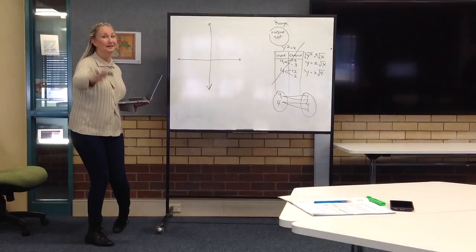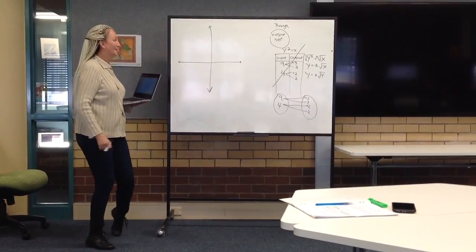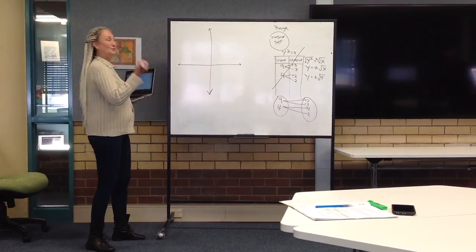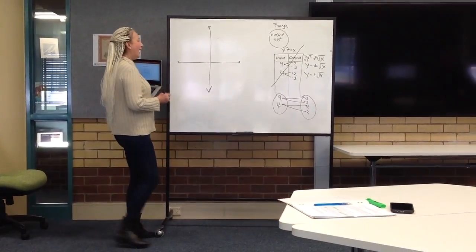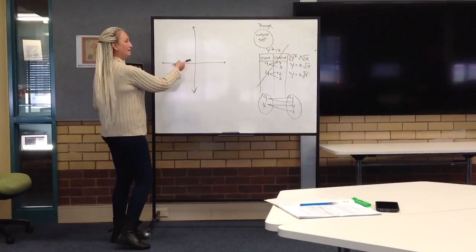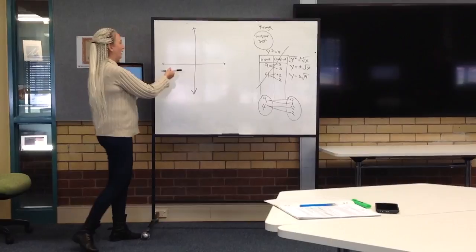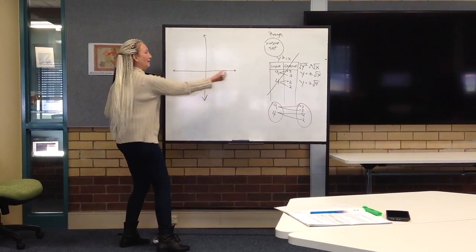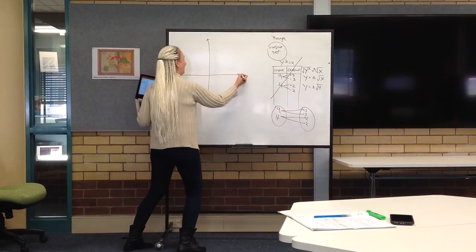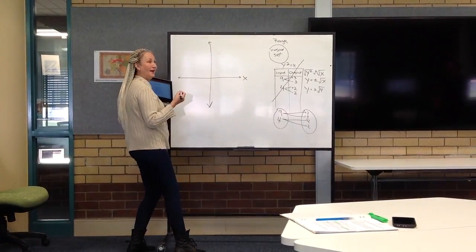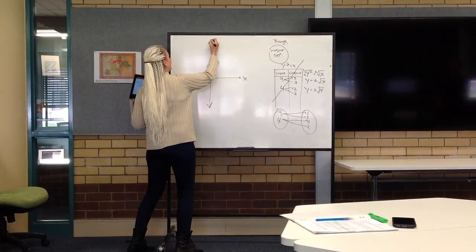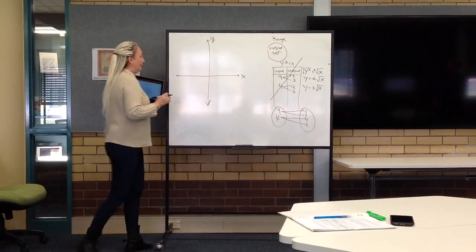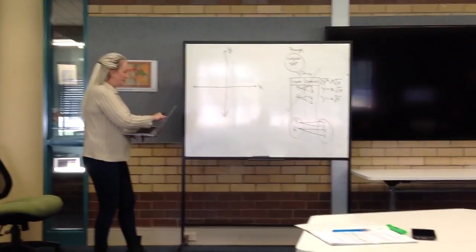Draw graphs. Yeah, we can plot points on it. That's great. And what are these things? Axes. Okay. And which axis is this one here? X. Okay. And this one here would be a Y. Good stuff.